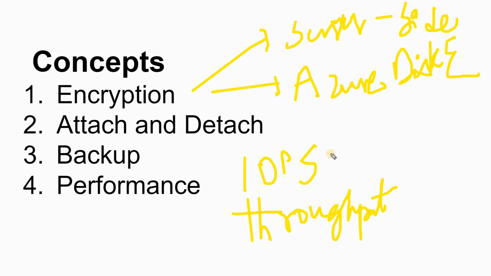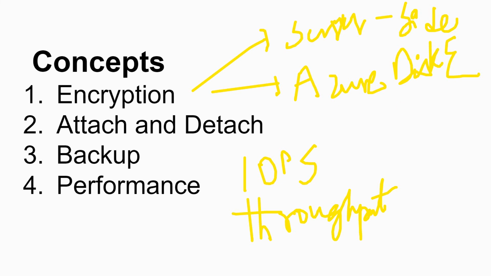IOPS says the number of input and output operations per second. Throughput means the amount of data capacity flowing in and out. That's called the performance. And backup, we term it as taking a backup for the disks. So this is how we have to look at it.